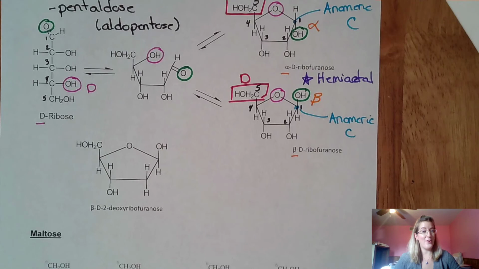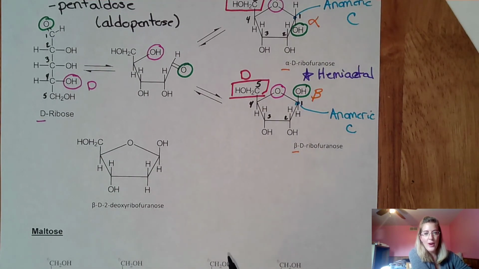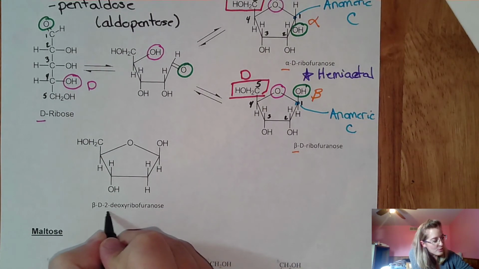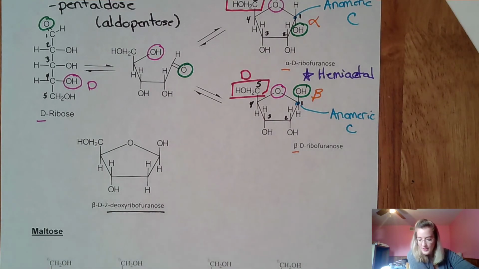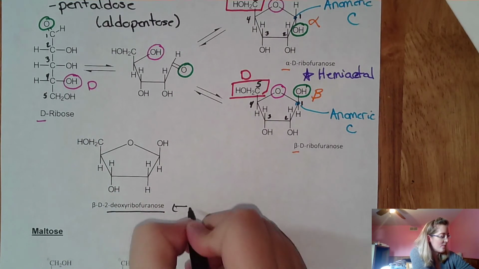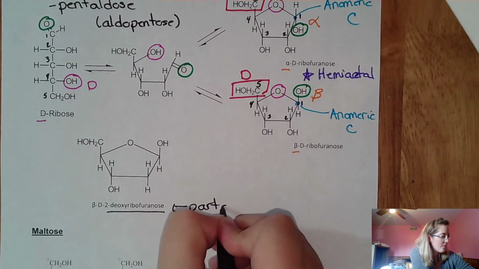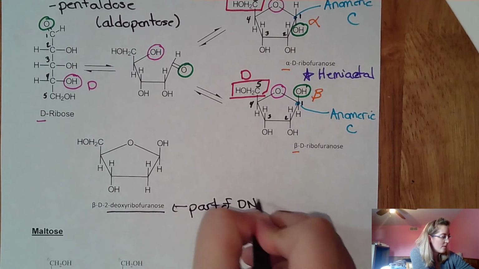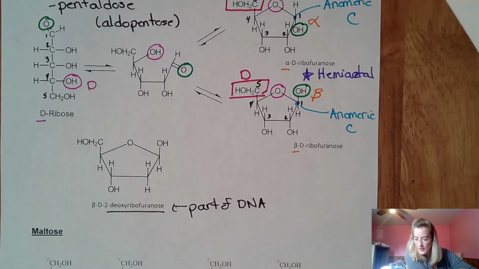Another big one to point out is deoxyribose, the DNA sugar. So, point out your naming here. I drew just the ring structure of it. So 2-deoxyribose, part of DNA. There we go.